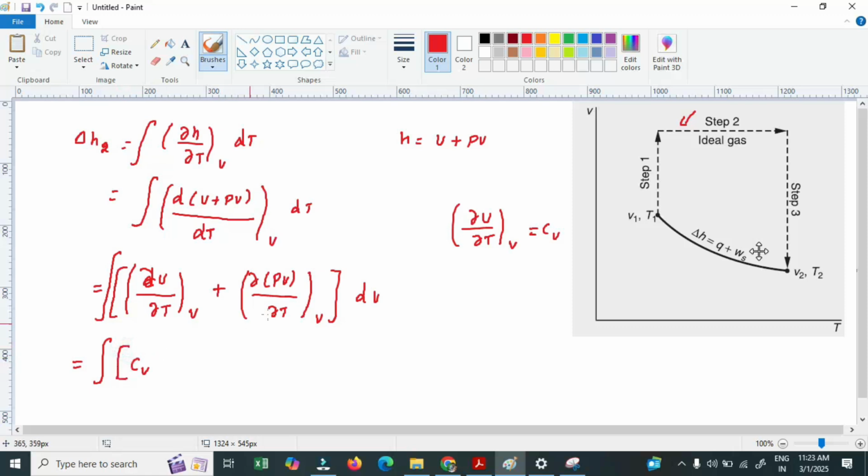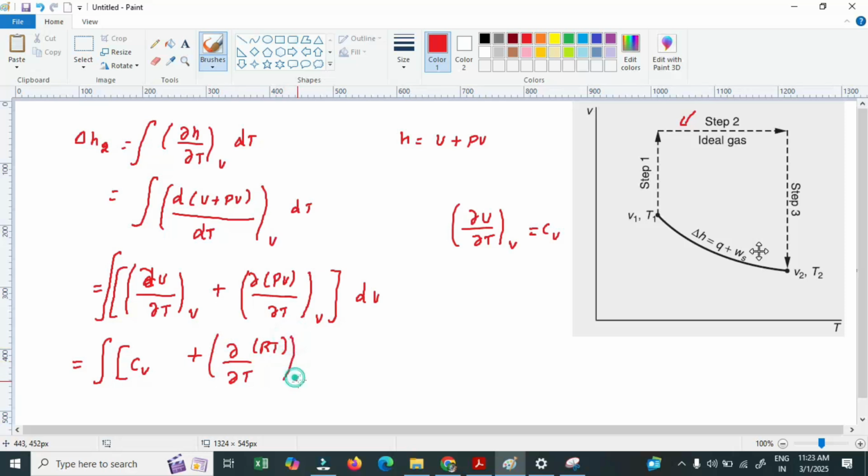Therefore, plus dou by dou T of RT. Why am I replacing? Here in step number 2, we entirely have an ideal gas condition, so I can apply the ideal gas equation. If you differentiate T, you'll get 1.